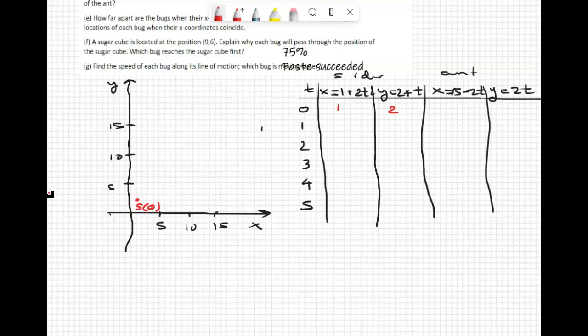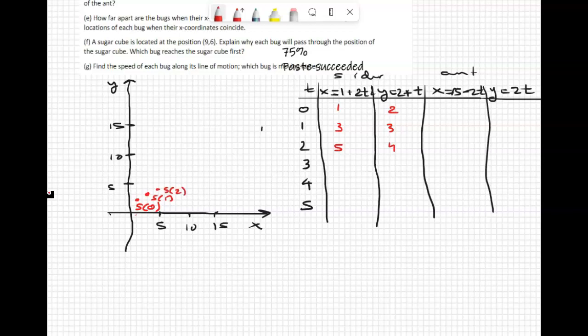Alright, let's follow the spider to start with. Plug in t is 1. We have 1 plus 2 gives me 3, and 2 plus 1 gives me 3. So the next point is (3, 3), S at 1. At 2, 1 plus 4 is 5, and 2 plus 2 is 4, so (5, 4), S at 2.